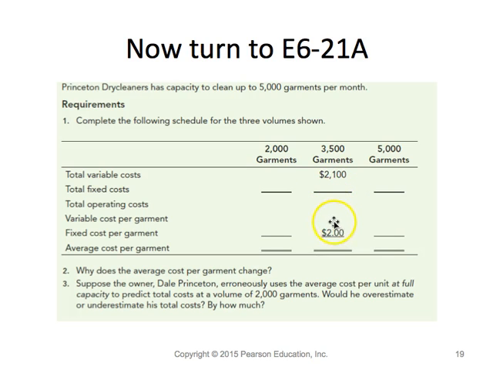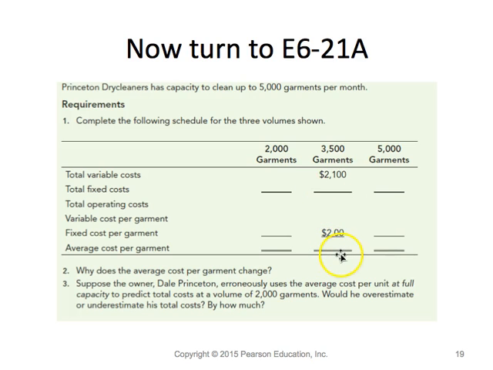And then variable cost per garment: we have 2,100 divided by 3,500, so it will be 0.6 in here. If you write it down, we can verify. And average cost per garment will be 0.6 plus 2, so 2.6 for this one.